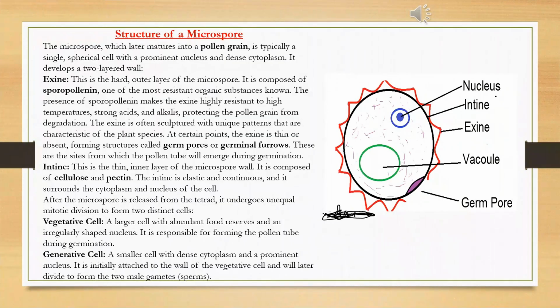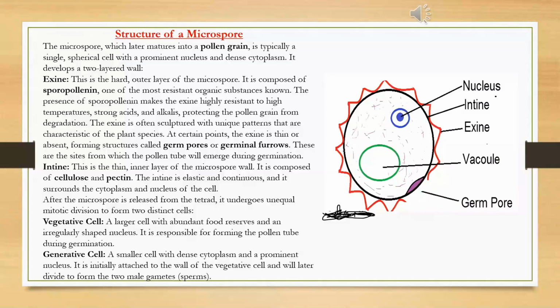This is the hard outer layer of the microspore. It is composed of sporopollenin, one of the most resistant organic substances known. The presence of sporopollenin makes the exine highly resistant to high temperatures, strong acids, and alkali, protecting the pollen grain from degradation.